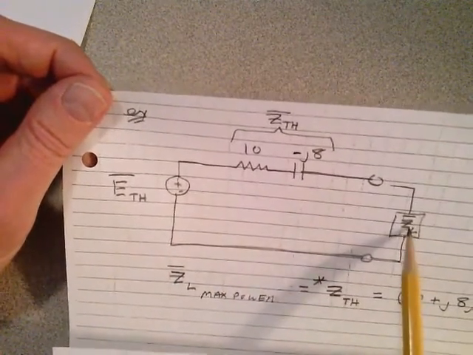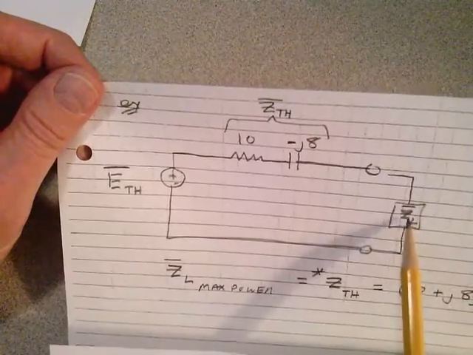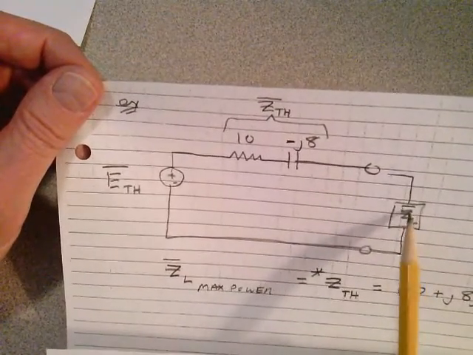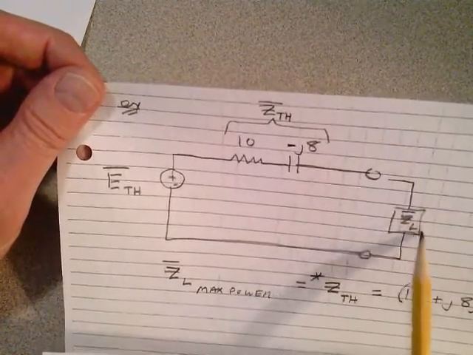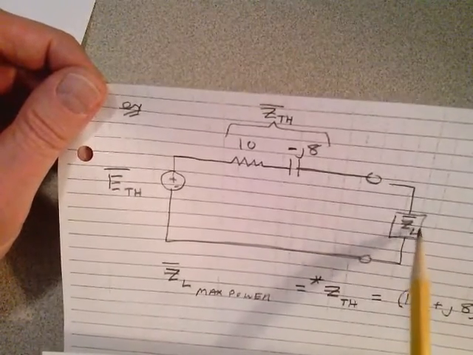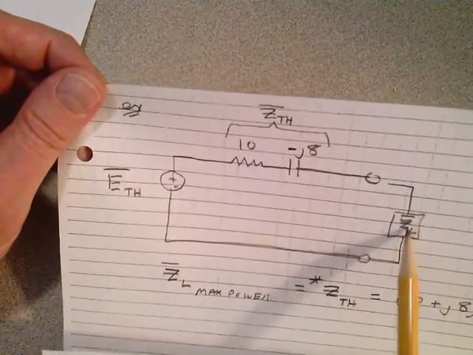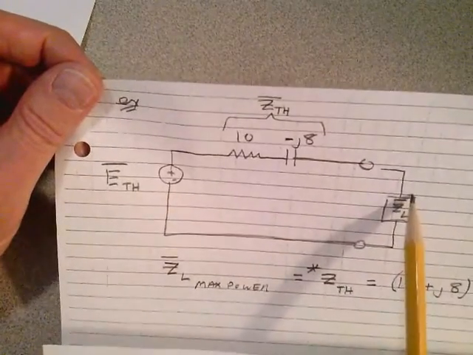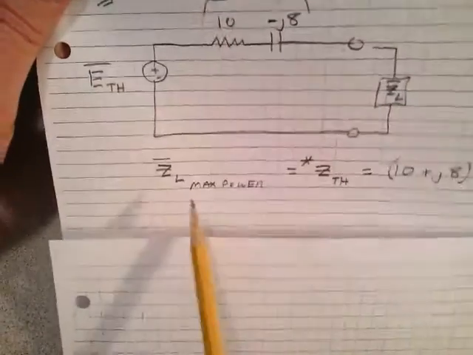And I put a load resistor. What's the value of the load impedance have to be for maximum power transfer from here to here? It's the complex conjugate of this. Here's the answer.